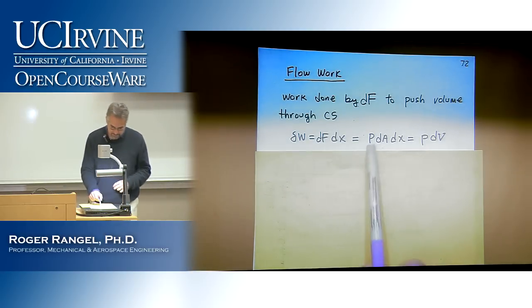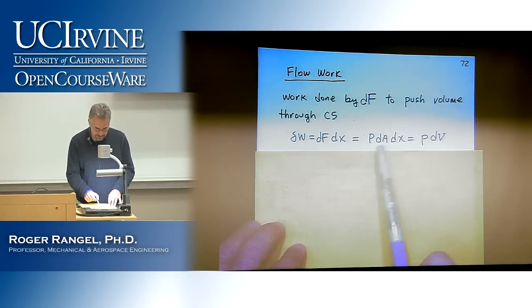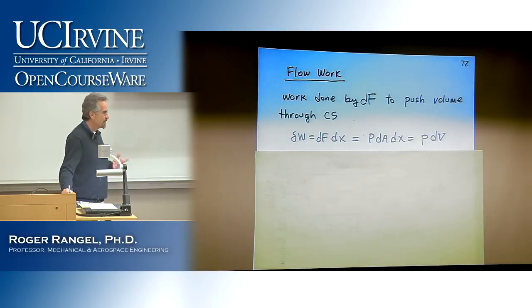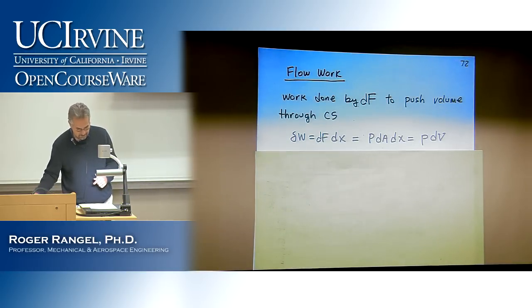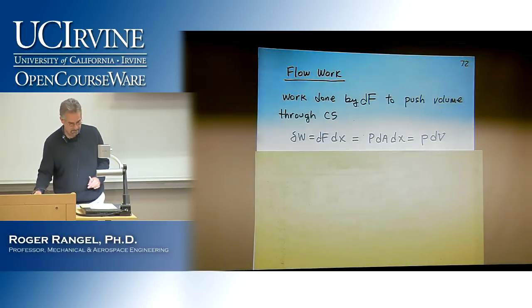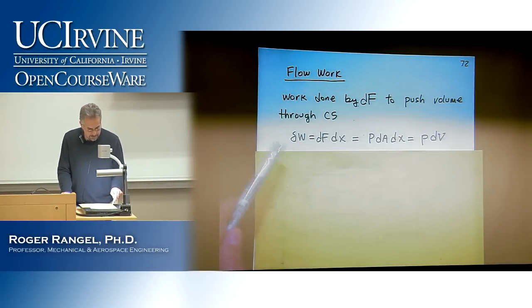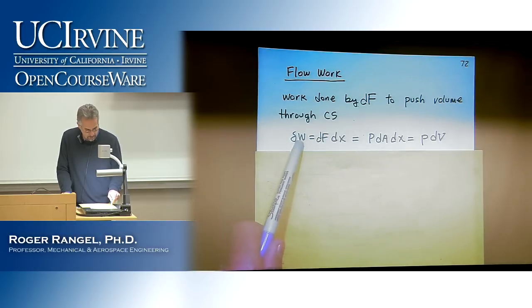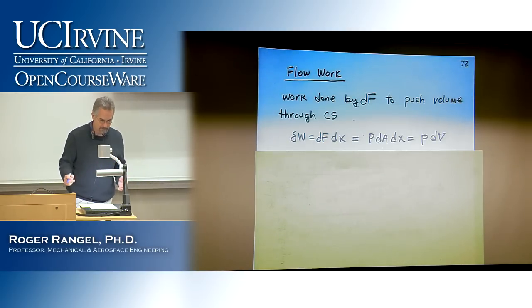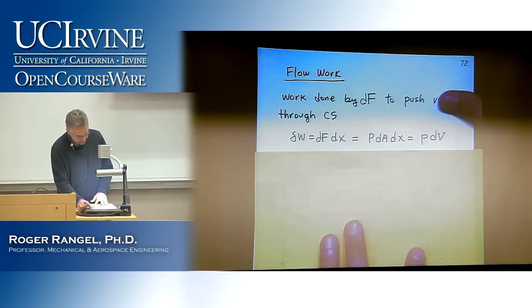So I can write dF is P dA, so I can write P dA dx. But of course, dA dx, we saw it earlier, was dV. It's the volume of the mass that I am pushing in. So it turns out that the surroundings have to do an amount of work, delta W, which is equal to P dV. The pressure times the volume of the mass that is being pushed in.